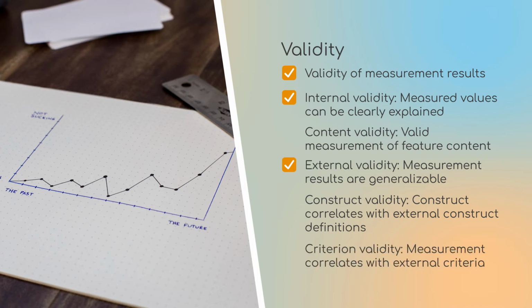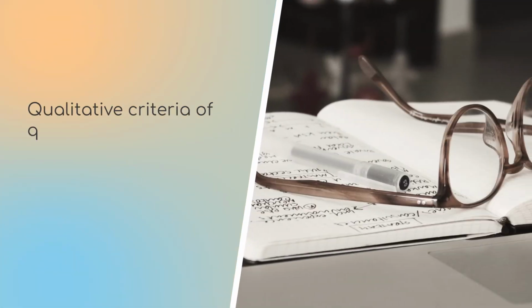Criterion validity exists when the feature of interest is measured in such a way that there is consistency with relevant external criteria. In other words, the measurement results correlate with external results, insofar as these are based on the measurement of a similar construct. Let us now turn to the quality criteria of qualitative research.